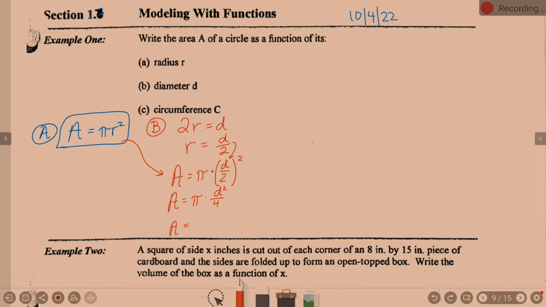We honestly could leave the answer like this. There's not just going to be one right way. If we think about putting our constants out front, when I multiply by pi, pi is pi over 1, correct? So I could do pi times d squared over 1 times 4. So you do pi d squared over 4.